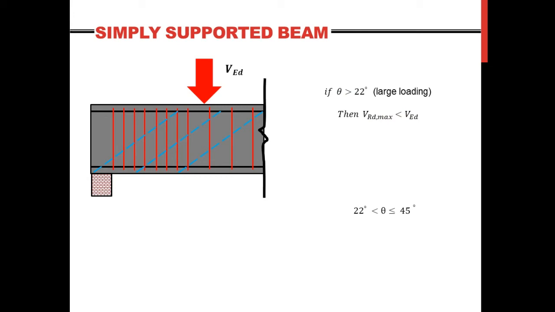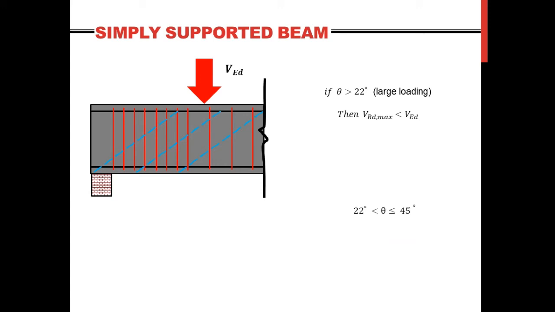First of all, the angle cannot go beyond 45 degrees. At least this is the limit of my code. So it lies in this range, 22 degrees up to 45 degrees. If though I find the angle to be more than 45 degrees, then either I use a greater grade of concrete, or I get back and resize my member. Luckily, theta ranges between 22 up to 45 degrees.